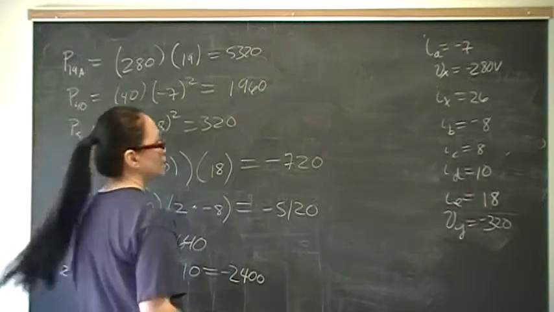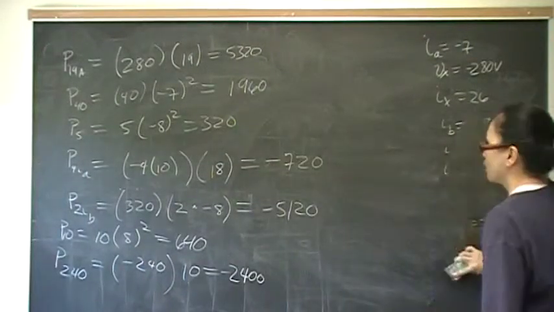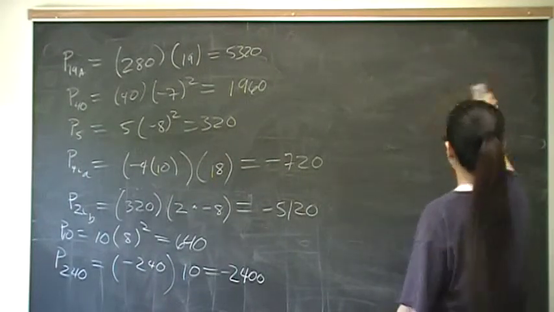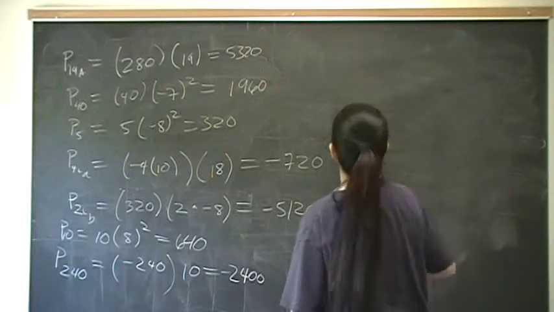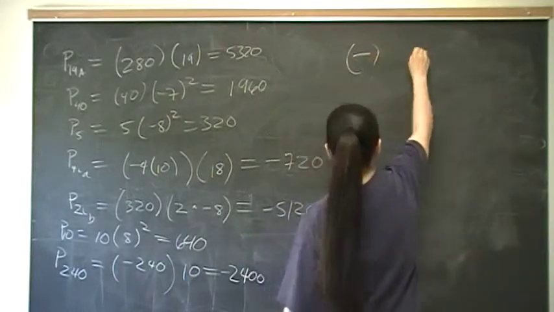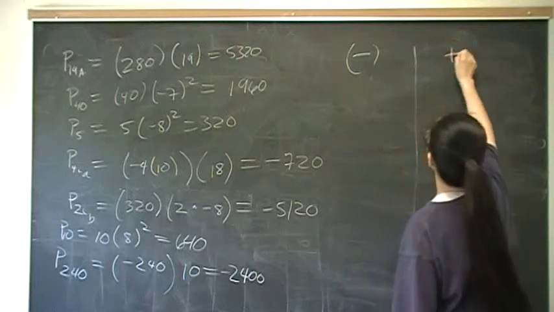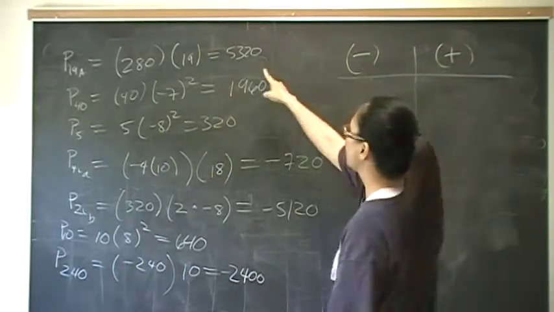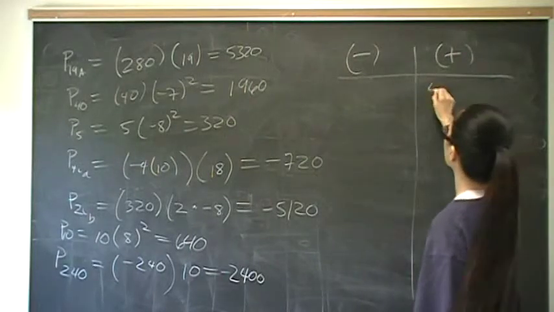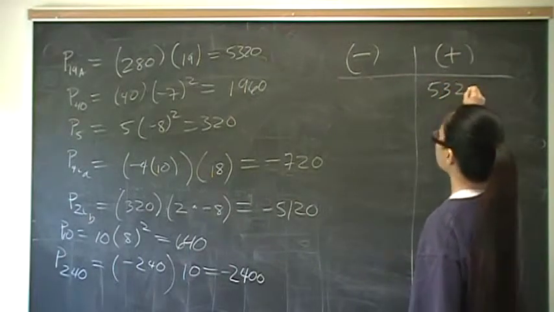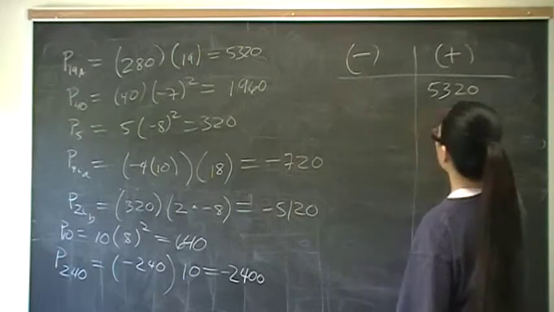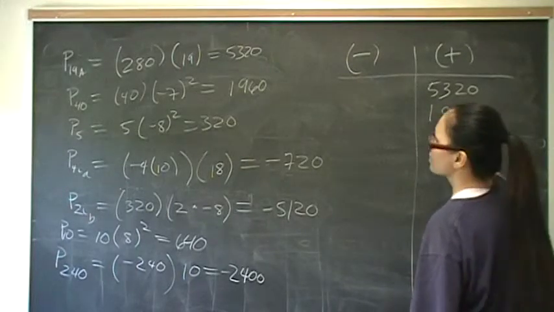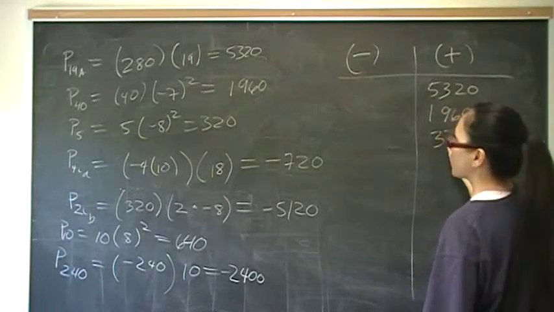Okay, so now we're going to show power dissipated equals power developed. Negative power is power that's developed. Positive power is power that's dissipated. So let's go down the list. The 19 amp source dissipates 5320. The 1040 ohm is 1960, and then the 5 ohm is 320.